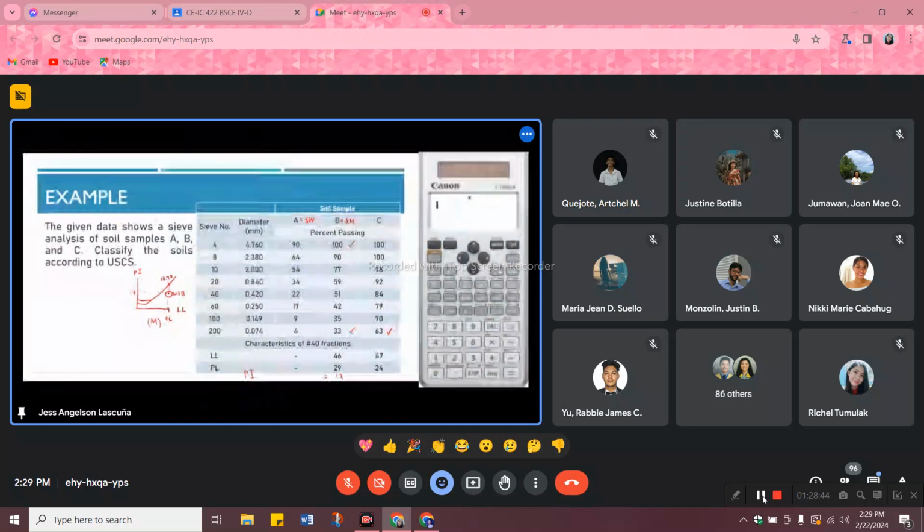Less, more than 50. So meaning, fines. There, it is fines.